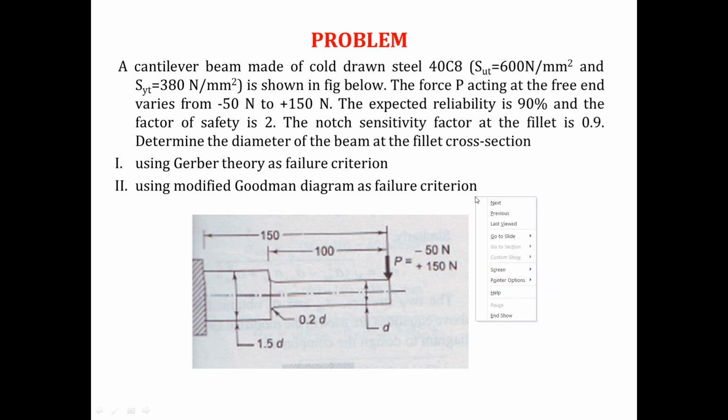From the diagram I can see that this is the fillet cross section, and at the fillet cross section the diameter of the beam is small d. This small d I need to find out using first the Gerber theory of failure and secondly using the modified Goodman theory of failure. Is the problem clear to all of you? Did everyone understand the problem?